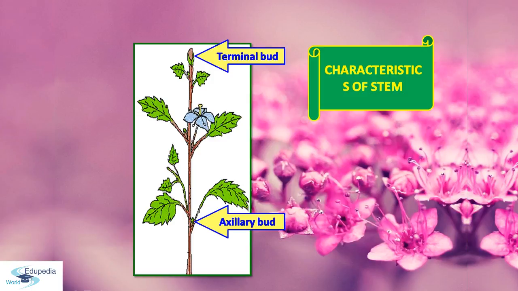See, this is your leaf and this is your main stem and this is your axil portion, and this bud is found there. So terminal bud and axillary bud. Please note that terminal bud is also known as apical bud, and they are found at the apex of the plant.